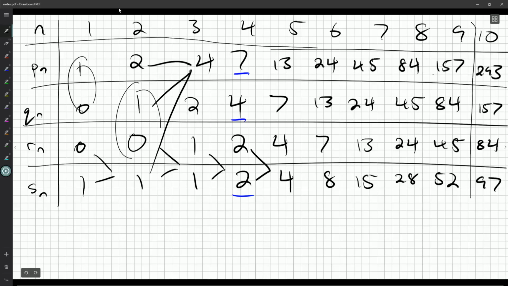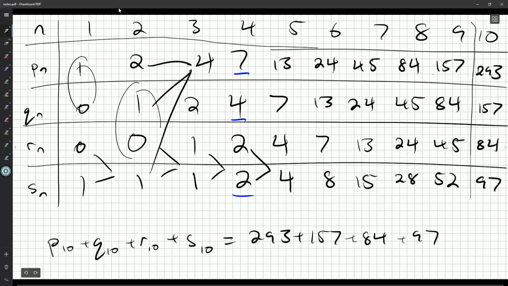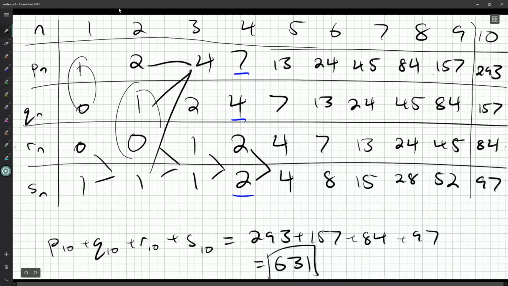And now if I take those in total, P10, Q10, R10, and S10, that should be 293 plus 157 plus 84 plus 97. So let's add that up. 157, 84, 97. And we get a total of 631. Oops. 631. There we go.